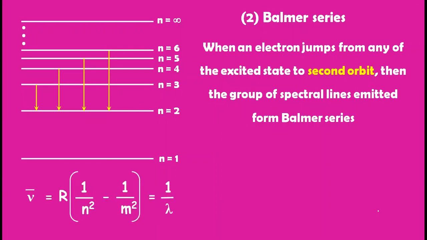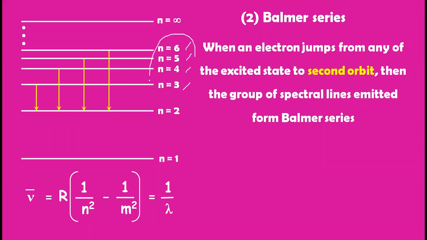You know, wave number equals R into 1 by n square minus 1 by m square, which is equal to 1 by lambda. Now, the principal quantum number of the lower energy level to which the electron jumps is 2. In all these transitions, the principal quantum number of the lower energy level is 2. So n is equal to 2. And what are the principal quantum numbers of the higher energy levels from where the electrons jump to the second orbit? 3, 4, 5, and 6.